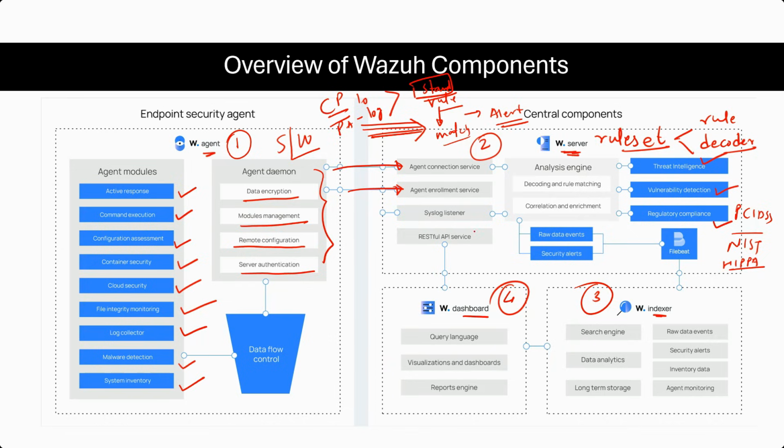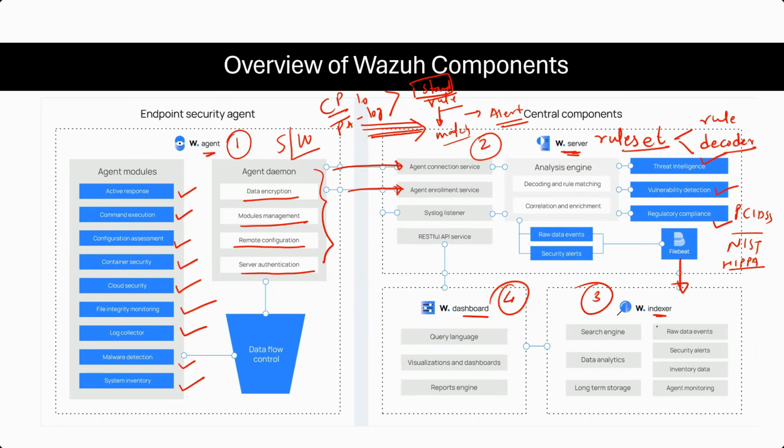Okay, so once that has been done, it will be sent to the indexer. Why the indexer? Because the indexer is very powerful. The purpose of the indexer is to perform full text search and analytics. It is the central component for all the indexes and indices, I would say. It stores all the alerts and the archive data as well.